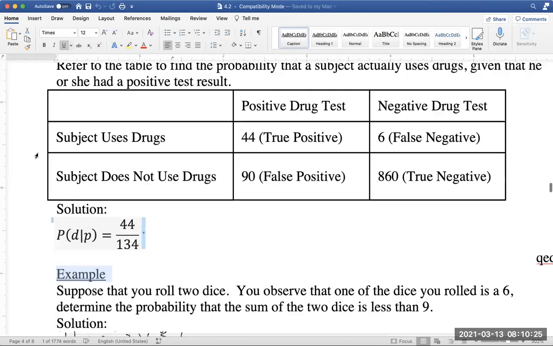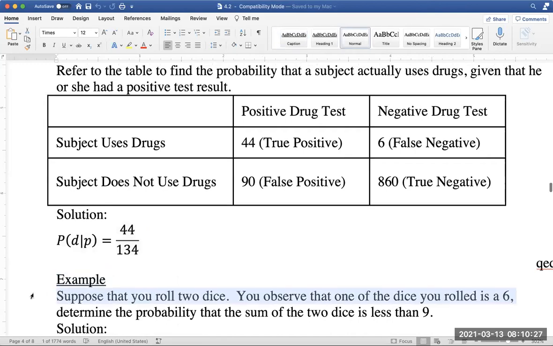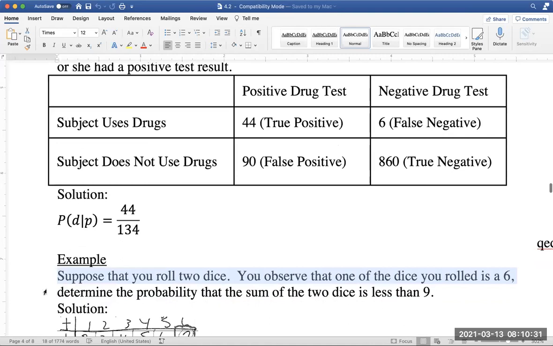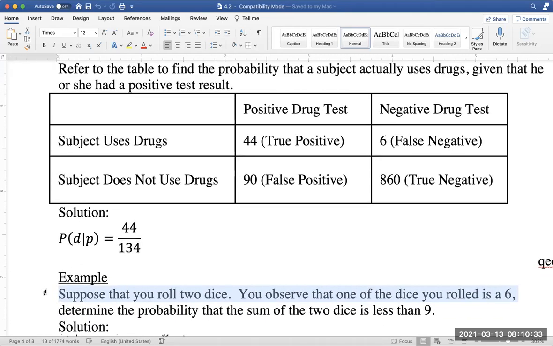Suppose that you roll 2 dice. You observe that one of the dice you rolled is a 6. Determine the probability that the sum of the 2 dice is less than 9. So let's think about this for a second. You roll 2 dice. You see one of them is a 6.